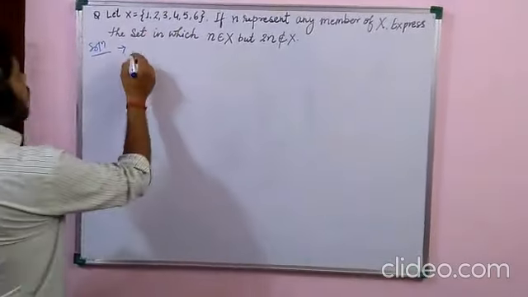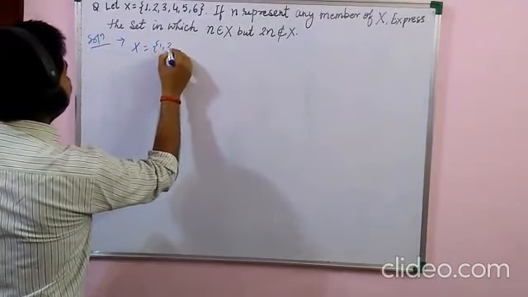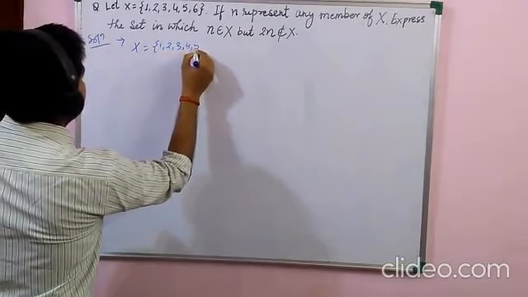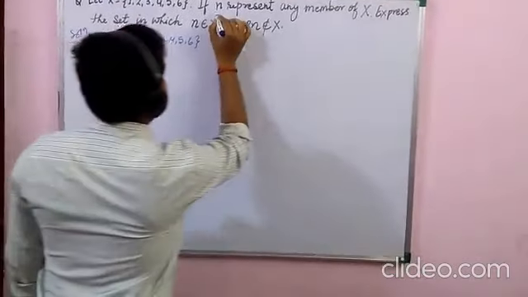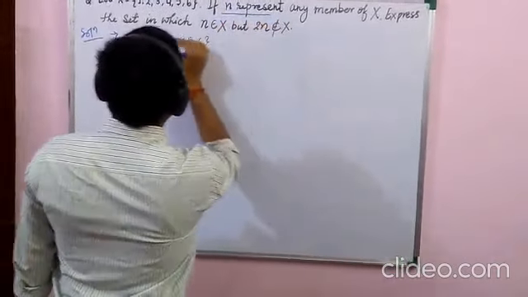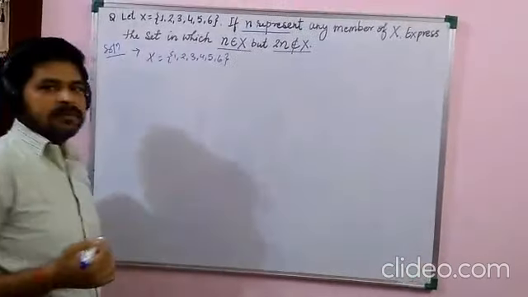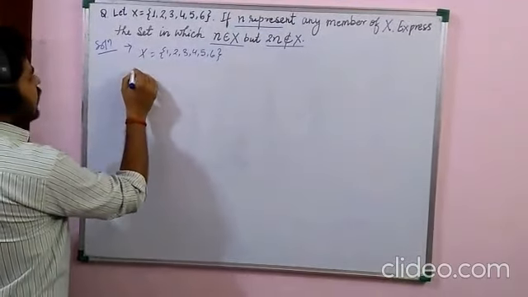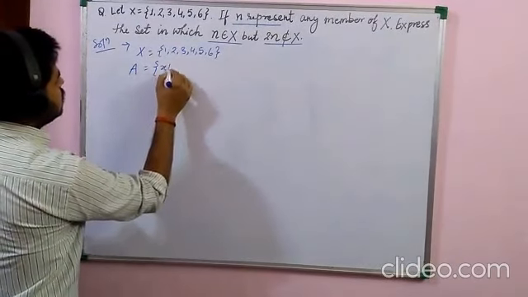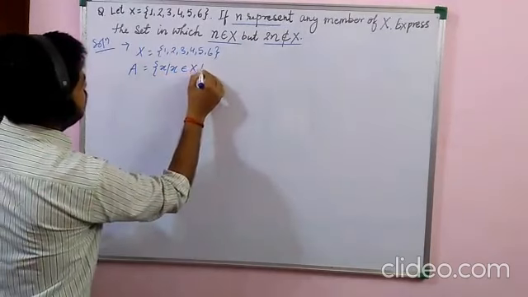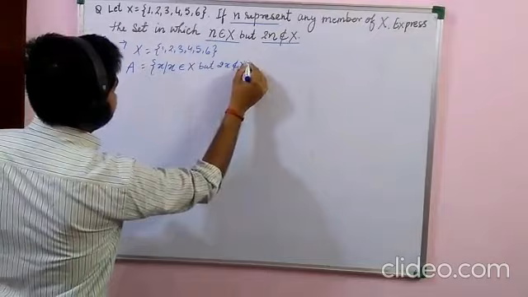So first, it is given that X is equal to {1, 2, 3, 4, 5, 6}, and we have to create a set in which n belongs to X but 2n does not belong to X. Let us say we take a set A equal to {x such that x belongs to X but 2x does not belong to X}.